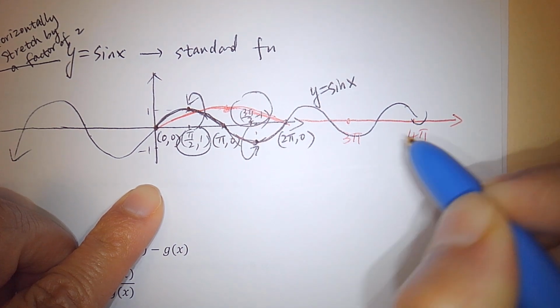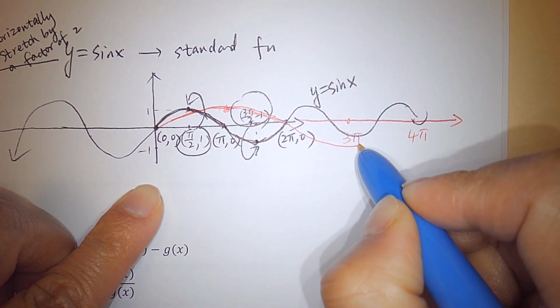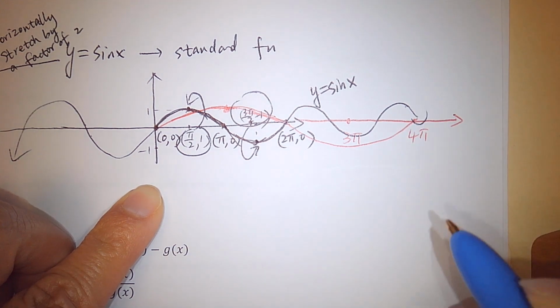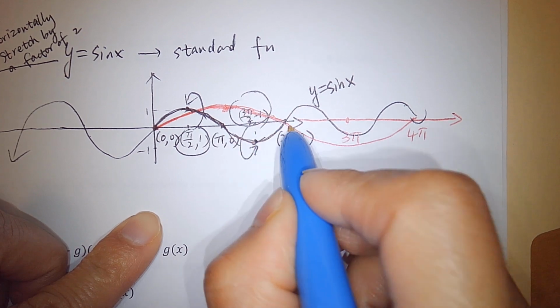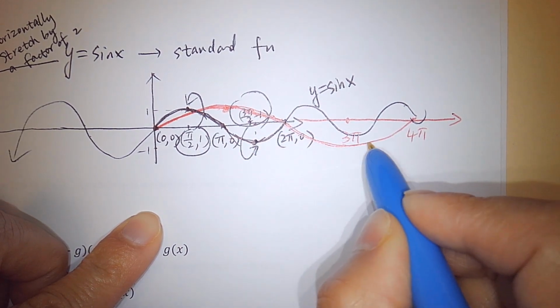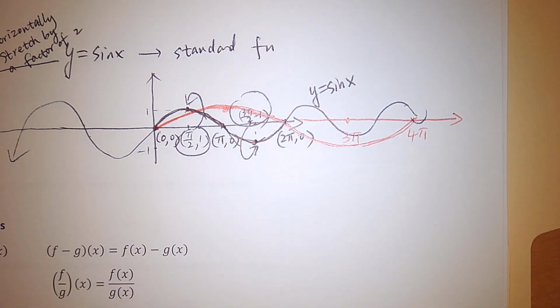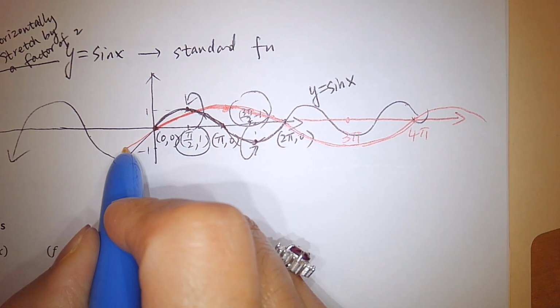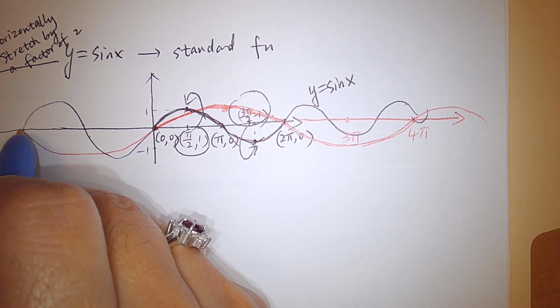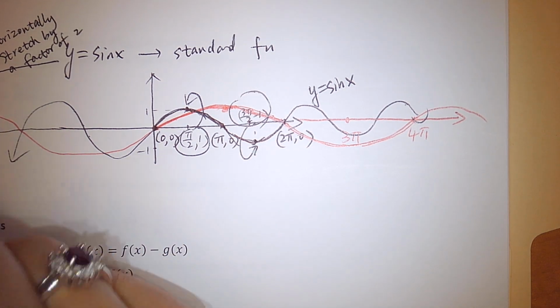This is 4 pi. Oh, okay, so this is one circle. You guys agree with me? Horizontally stretched by a factor of 2? Okay, one circle, of course, you're going to repeat it, extend it to the right and to the left.